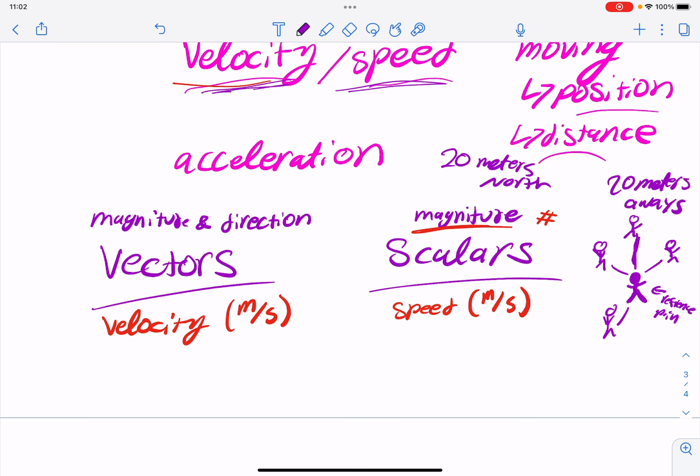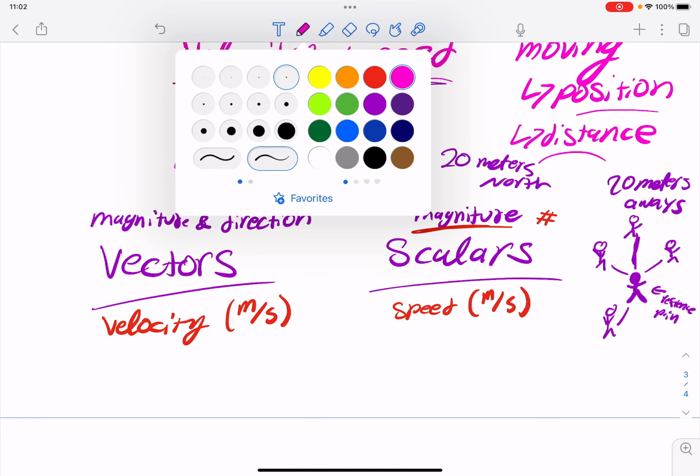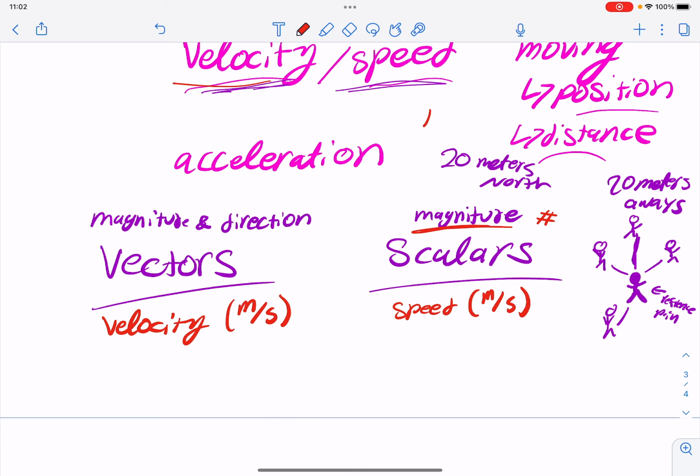So with this, we have distance and position, right? Our distance, we just found out, is nothing more than how far we are. If we know how far we are, but we don't know where it is relative to the reference point, would you count that as a scalar or a vector?